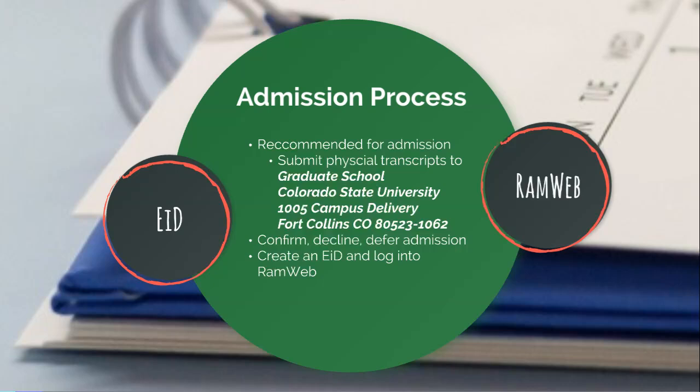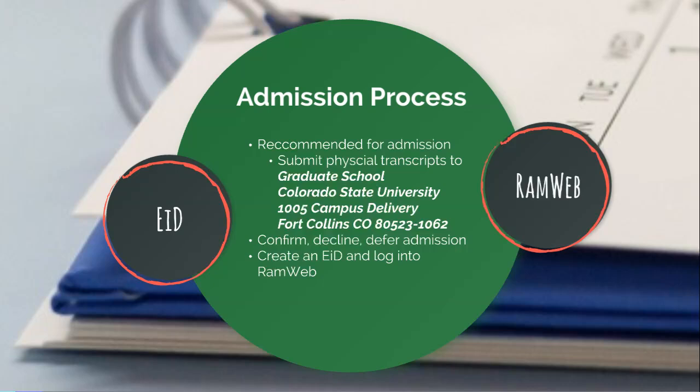It can't be a picture of your transcripts or an email from your school. They need to be official physical transcripts. If you're coming on campus, you can bring your physical transcripts and drop them off at that office.